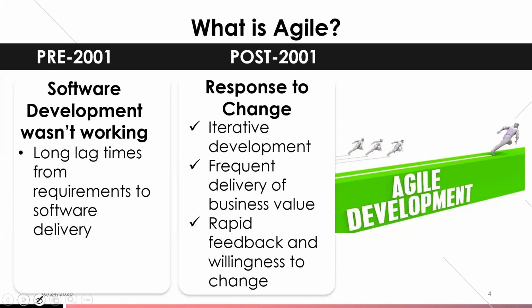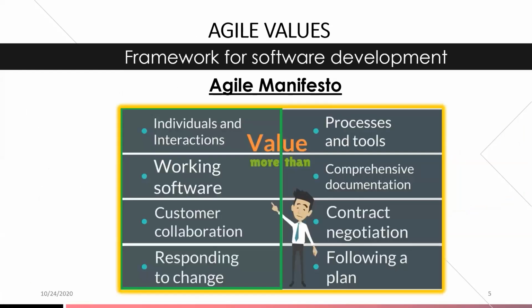We have frequent delivery of business value, rapid feedback, and willingness to change. Over to the right, you see the Agile team really running with Agile. It's a way to get software delivered to the business faster.